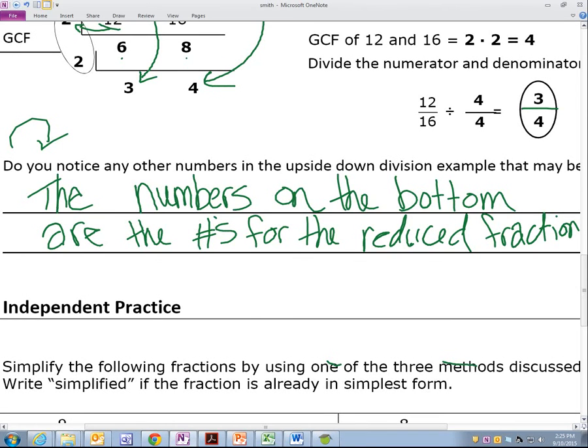And I wrote, the numbers that are on the bottom are the numbers for the reduced fraction, or the simplest fraction.